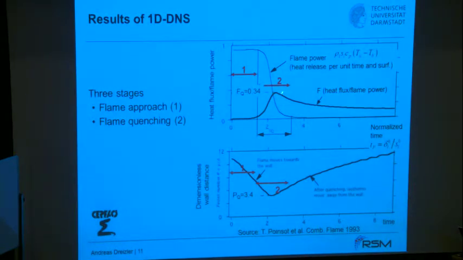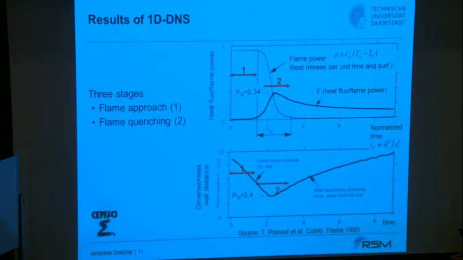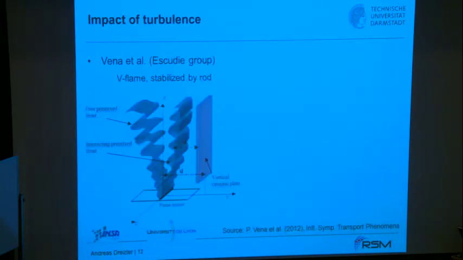Then we have the second phase of quenching, where the source term of CO2 from the previous slide, the chemical activity, goes to 0, but that comes along not only with the deceleration of the flame speed, it also comes along with the heat flux, which is here normalized with the flame power. The flame power is calculated like here. And then we have the third phase, the post-quenching period, where you only have transport effects, giving rise to that back bouncing over here. And still, of course, some heat conduction to the wall.